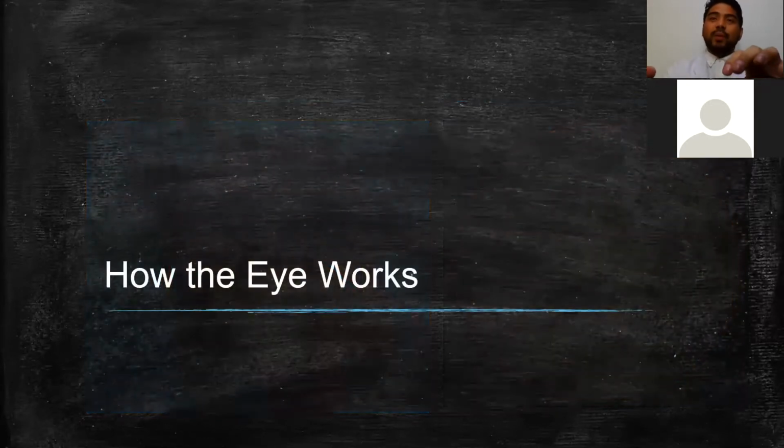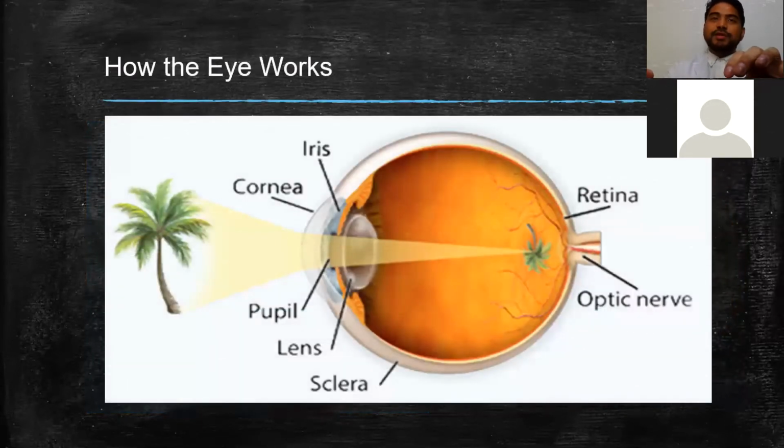So how does the eye work? For us to see clearly, light has to pass through several structures before it reaches the retina. So light passes again through the cornea, the anterior chamber of the eye, ang pupil, or ang taw-taw sa mata, and then the lens, ang lente sa mata, and then the gel of the eye, or the vitreous, and then your retina.